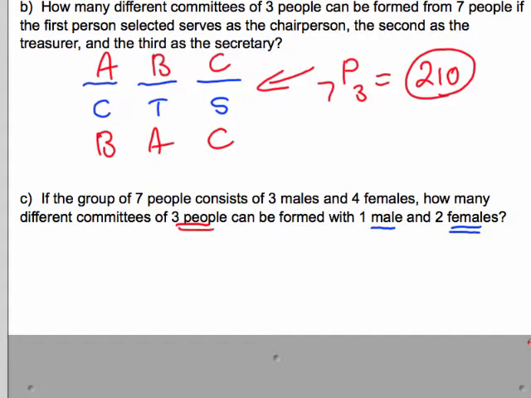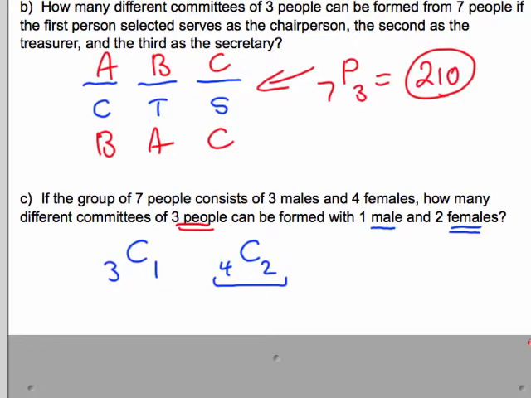We have our 3 males, and what we're going to do is choose one of them. And we have our 4 females, and we're going to choose 2 of them. Now I'm using choose because the order that I pick the females doesn't matter. If I pick Lynn and Betty, and then Betty and Lynn, that's the same combination. So it's a combination question.